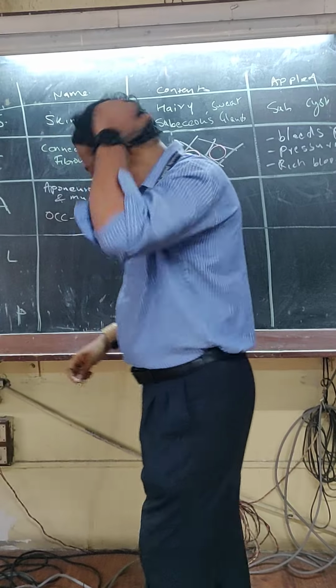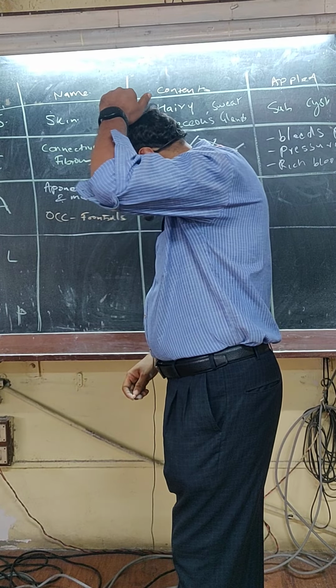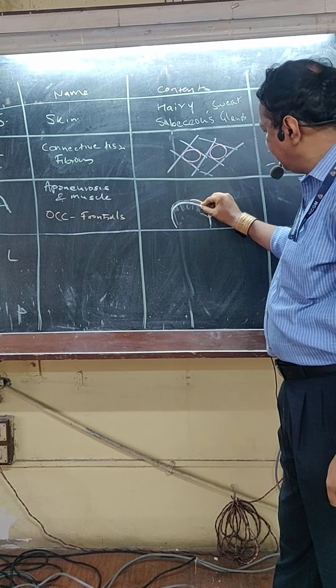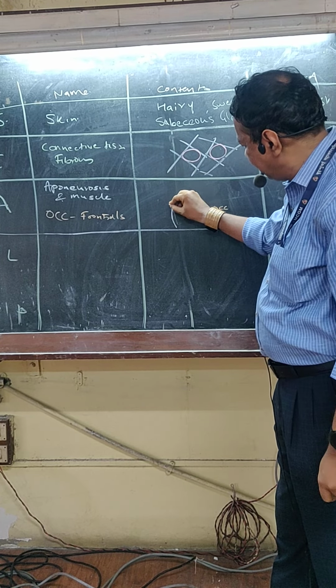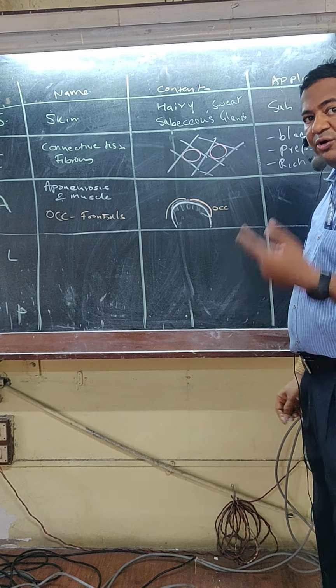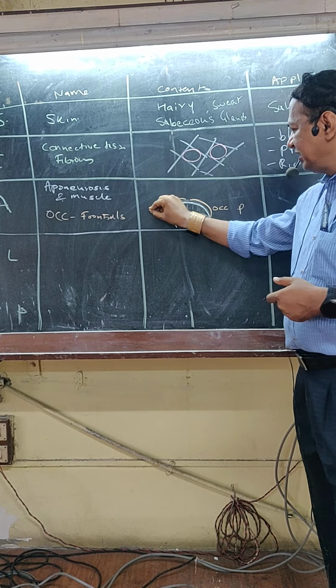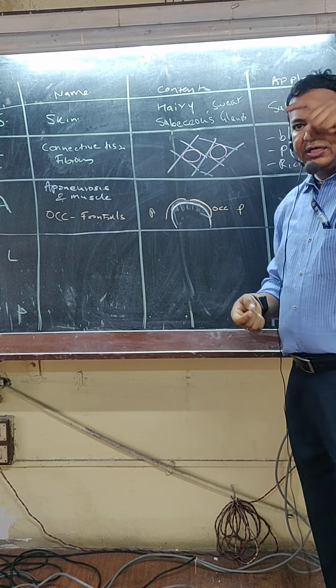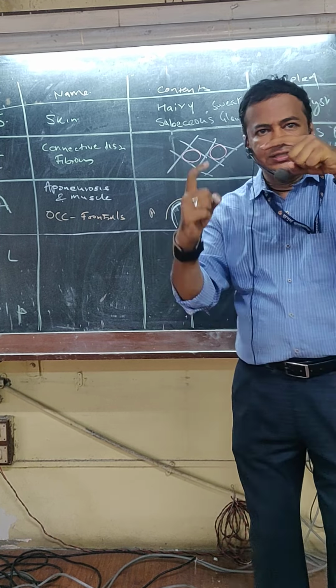So in my body, the occipital belly is like this. The frontal belly is here. So see here, the occipital belly, the aponeurosis in between, and the frontal belly. You are looking from the side. This is posterior, this is anterior, this is the skull on which the aponeurosis is like this.